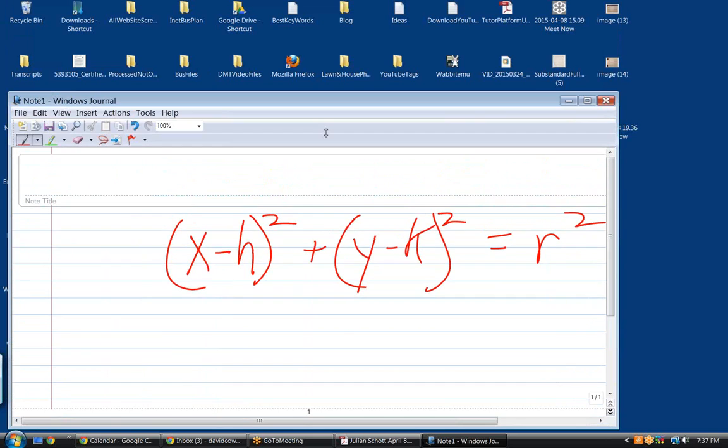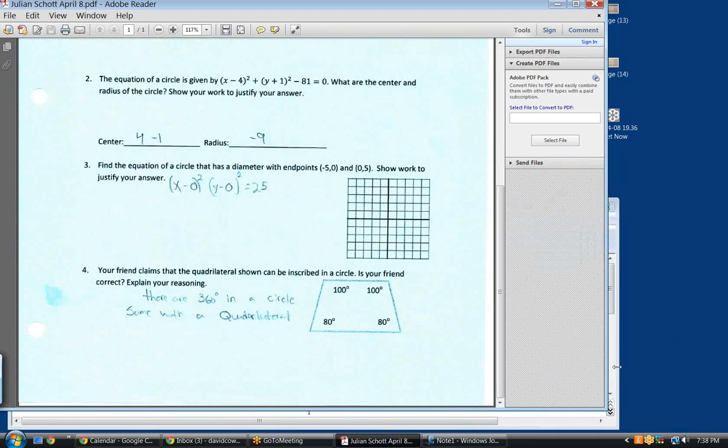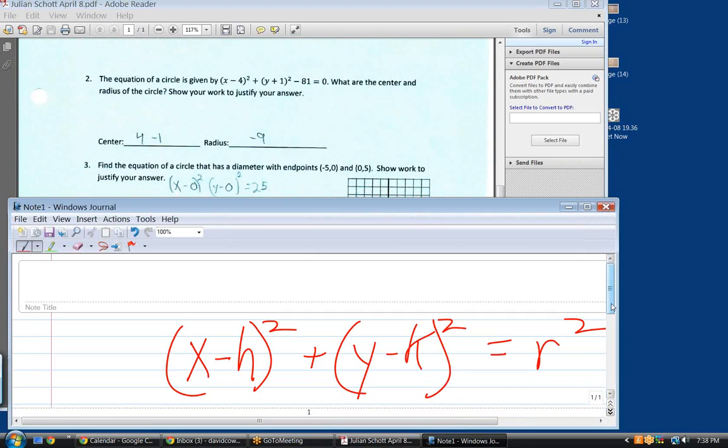So if we bring up your problem, and this is the general format, where's the center? What's h? H is -4. Remember, the general format is x minus h.